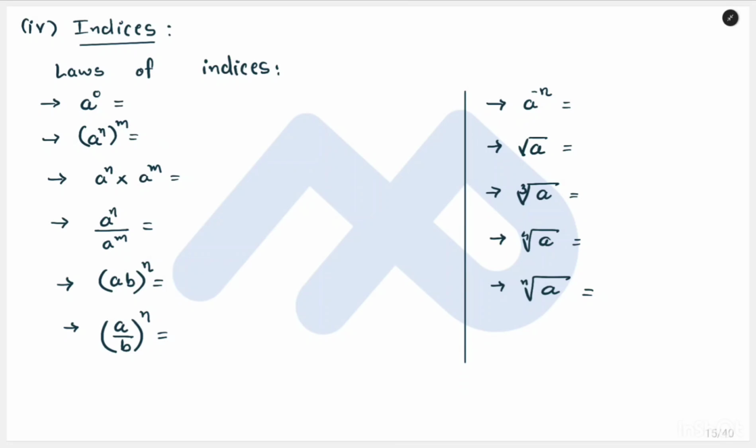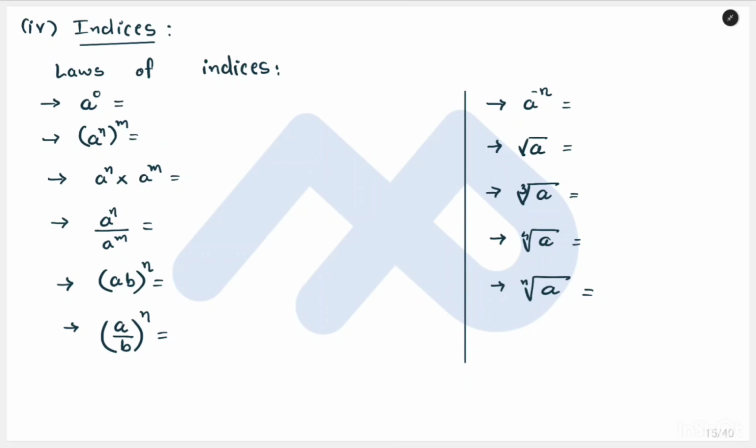So make sure you learn this very deeply, and I'll request you to revise this topic as much as you can, because in every paper 2 and paper 4 you'll always find 2 to 3 questions every year. Okay, and in this session I'll give you tips also, extra tips basically, for solving two very commonly asked indices questions. Okay, so let's see some laws of indices first.